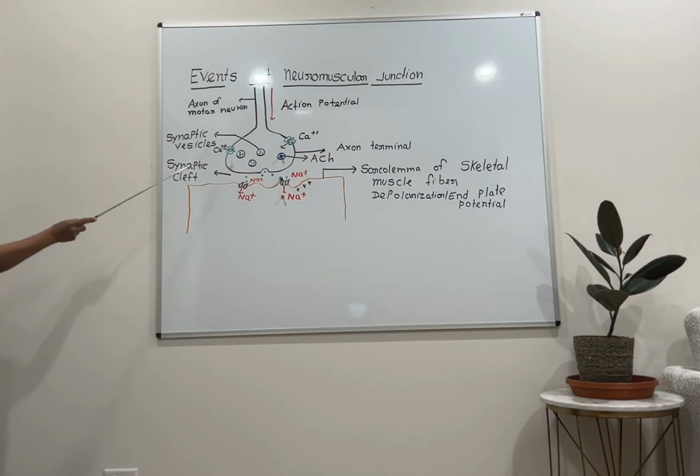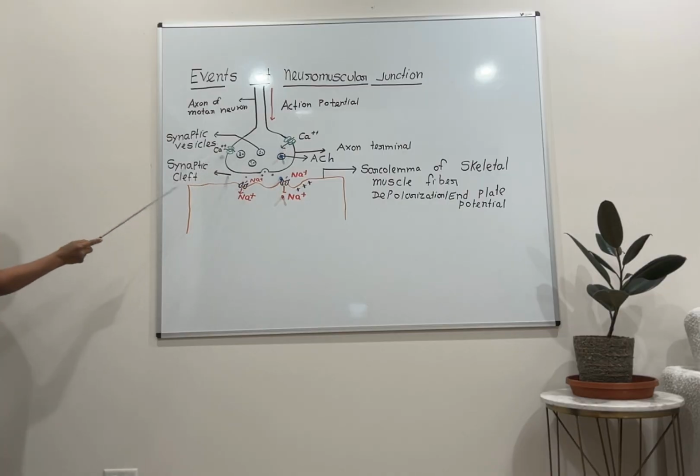What ion diffuses into the axon terminal to stimulate the release of acetylcholine? Calcium ions diffuse through the voltage-gated calcium channels into the axon terminal to stimulate the release of the neurotransmitter acetylcholine.